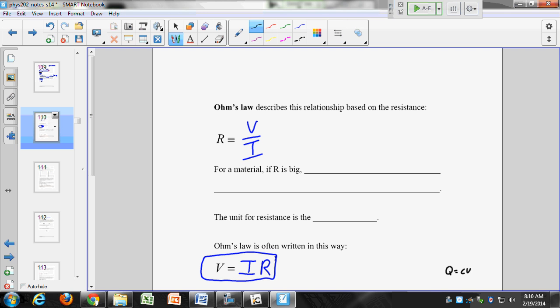All right, so for a material, if R is big, it requires a greater potential difference or a greater voltage to cause a current.